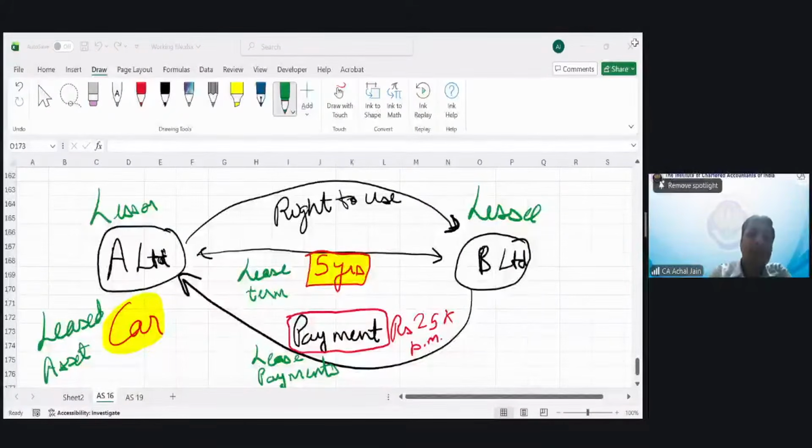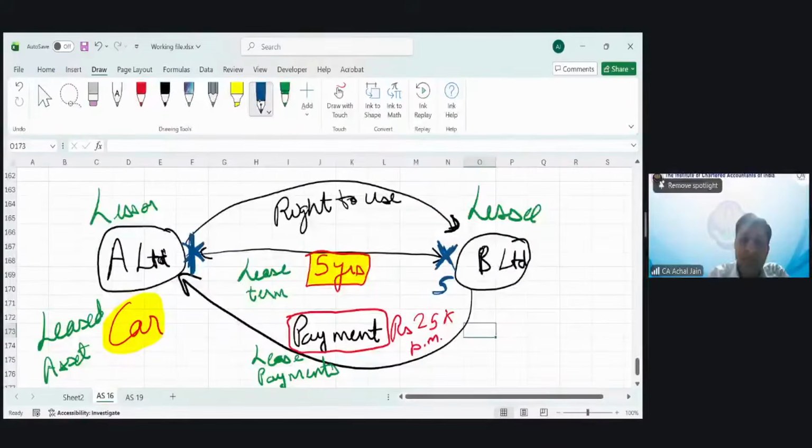So when will we discuss the accounting? This is the point when they are starting. Lease term, 5 years. This is the period when they are starting, right? So when they are starting, that's when we'll have to do some assessment, which we'll discuss later on.